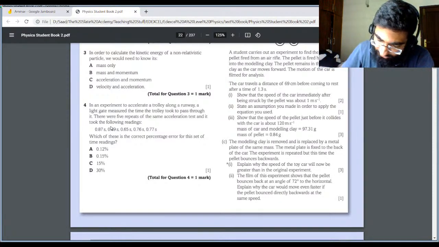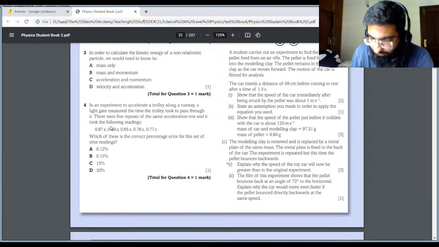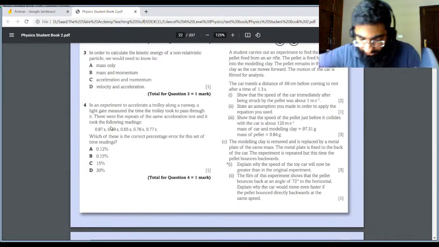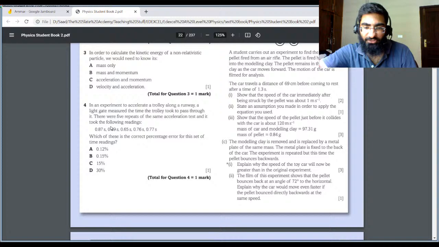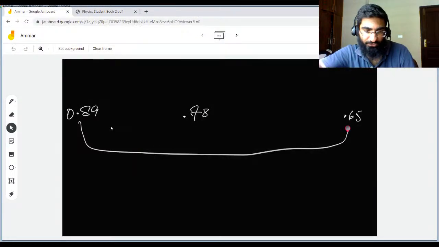One way is that you calculate the total difference between the two. So what's the maximum deviation from the mean? That is 0.89 minus 0.65, which is 0.24. And I divide this 0.24 over 0.78, I get 30%.